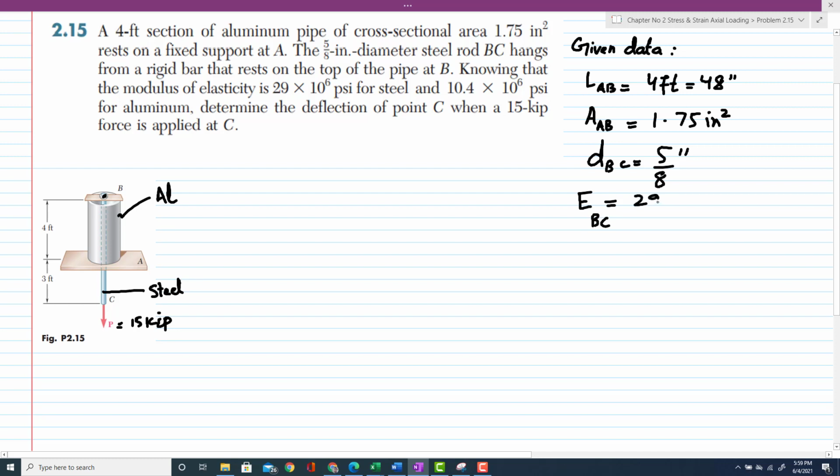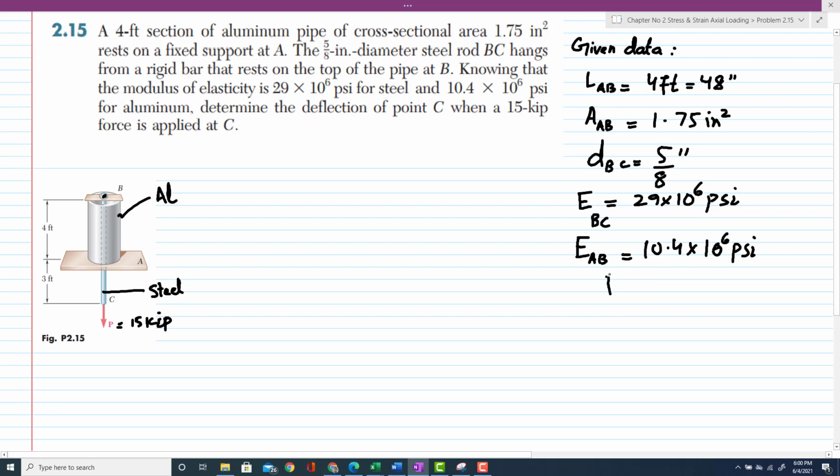The modulus of elasticity for BC is 29 × 10⁶ psi, and the modulus of elasticity for AB, which is the aluminum pipe, is also given: 10.4 × 10⁶ psi.